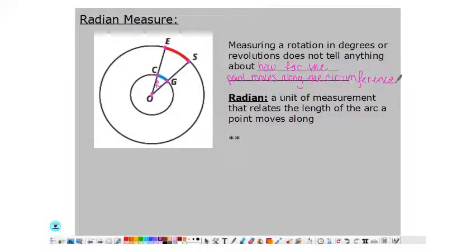So to counteract that problem of not knowing how far it goes, they came up with this new way to measure angles, which is called a radian. And a radian is a unit of measurement that relates the length of the arc a point moves along to the angle.